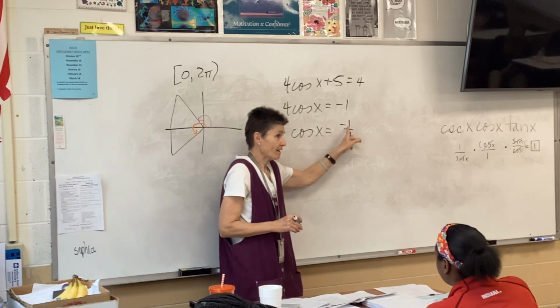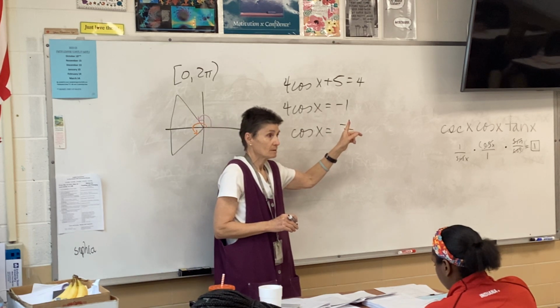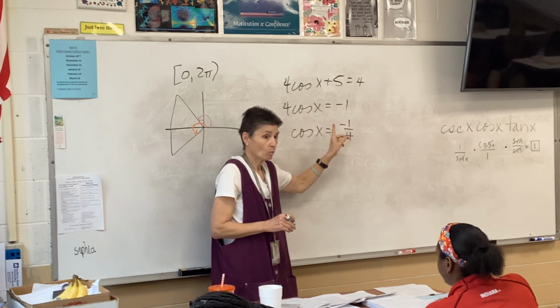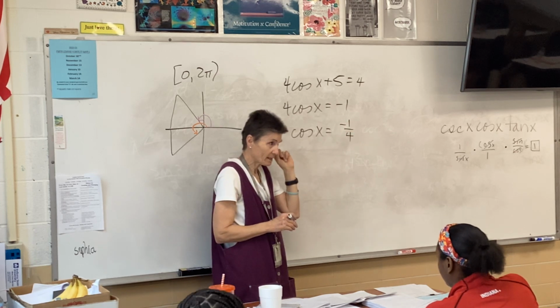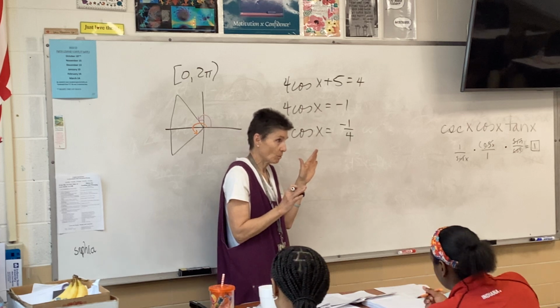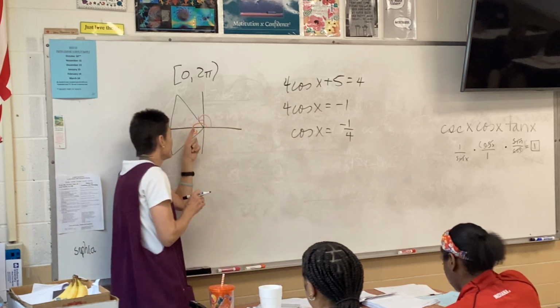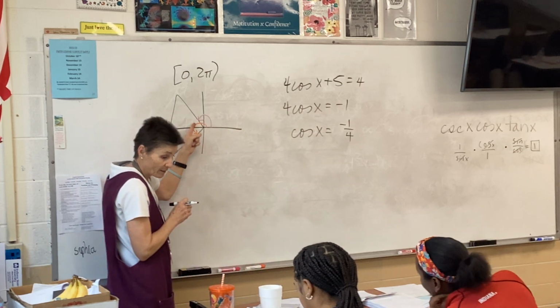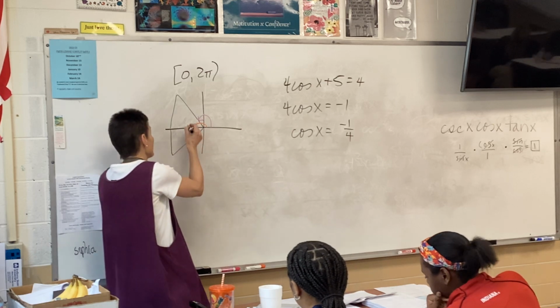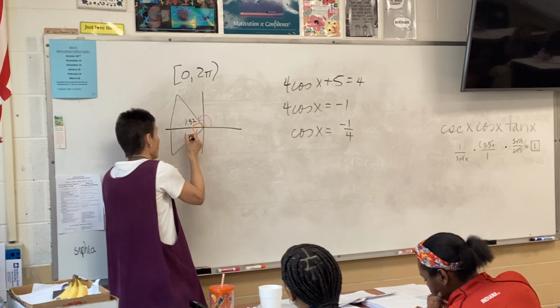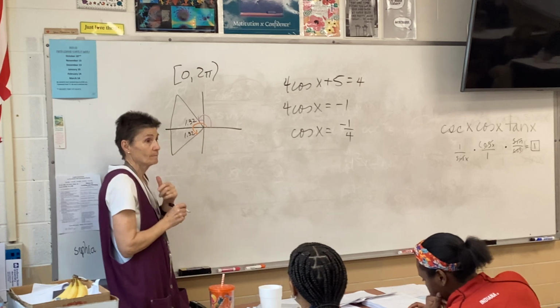What did that negative have to do with anything? That told me which quadrants to draw my picture in. I don't want that negative anymore. I want to know how big this angle right here is. And as it turns out, it's 1.32. That angle is 1.32.